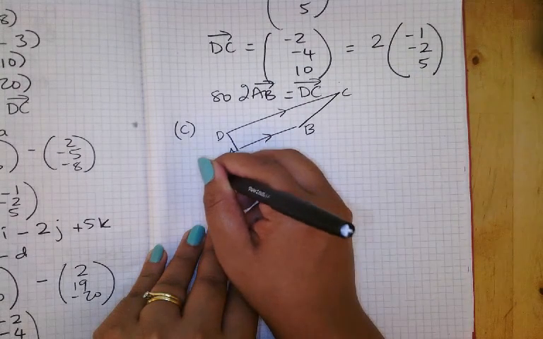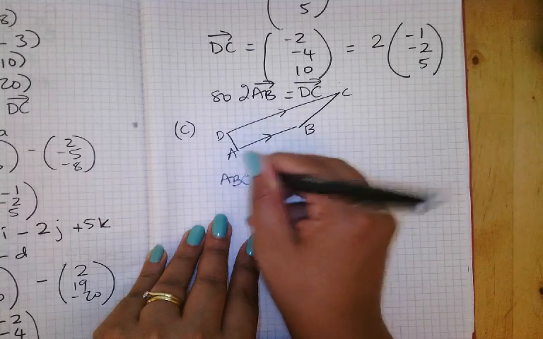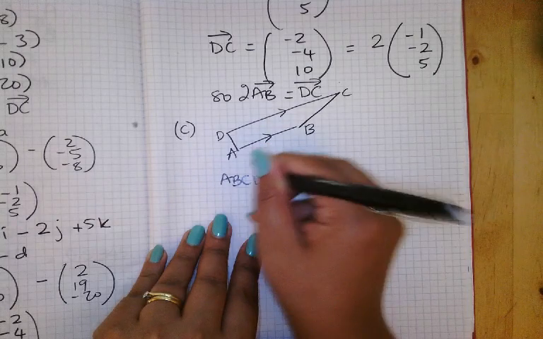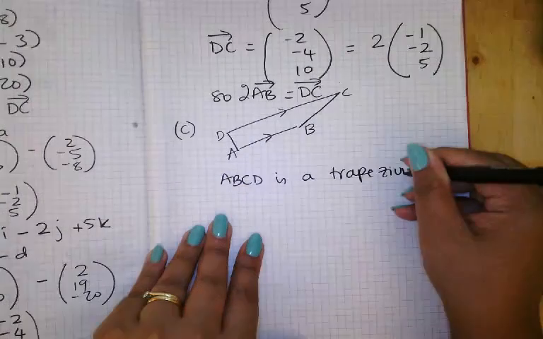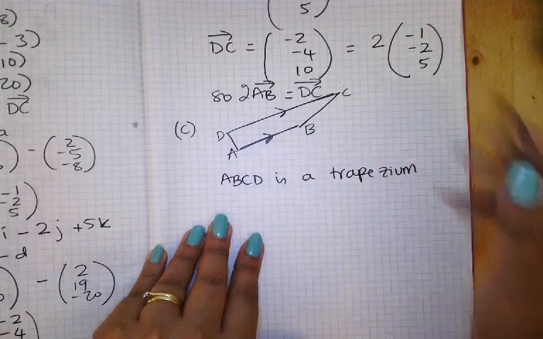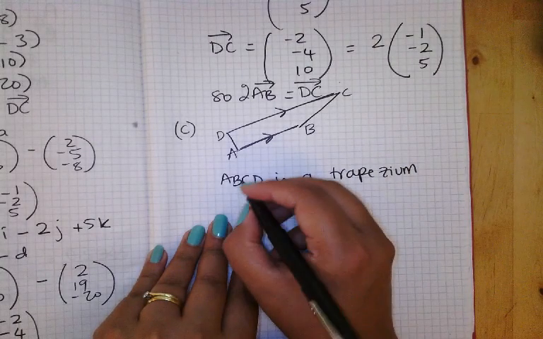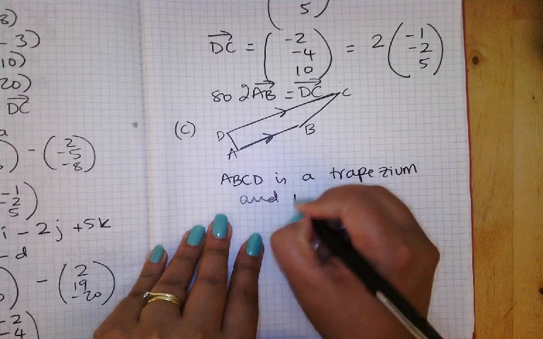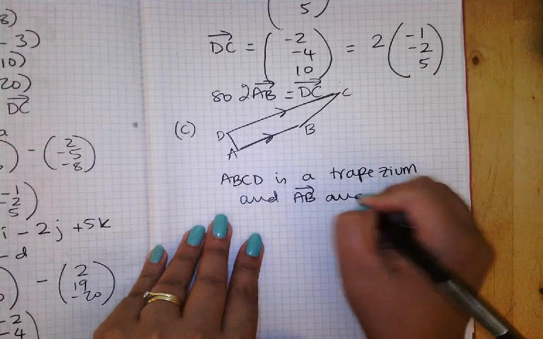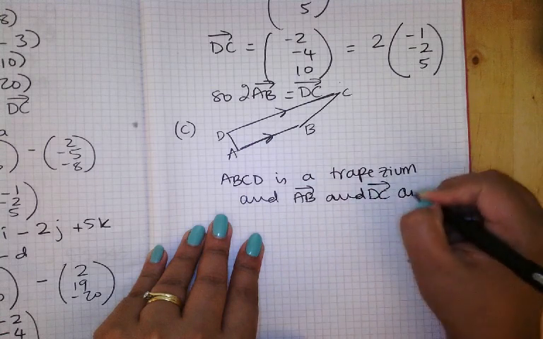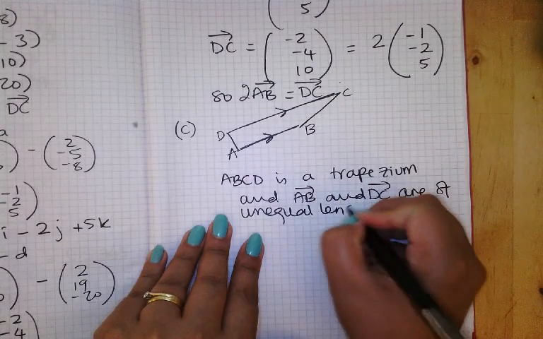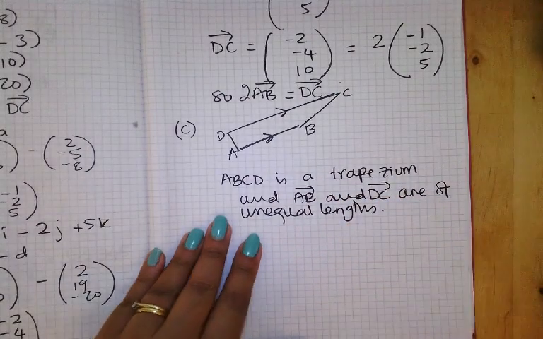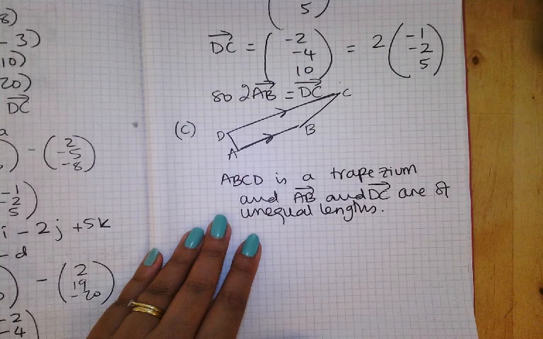So basically ABCD is a trapezium, and we know that because it's got AB and DC as parallel. So ABCD is a trapezium, and AB and DC are of unequal lengths. Okay, and it doesn't matter how you draw it.